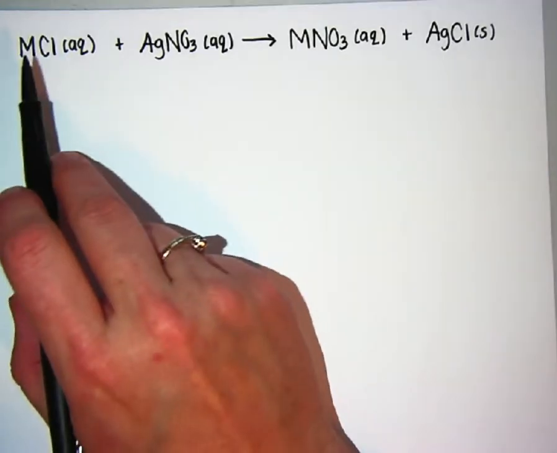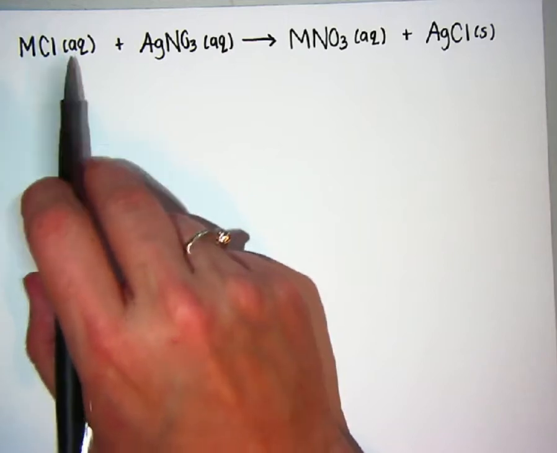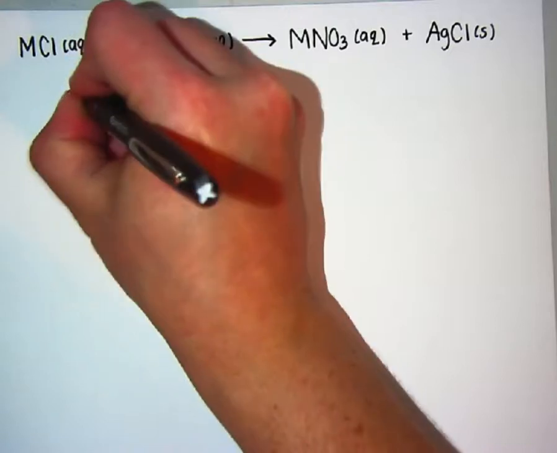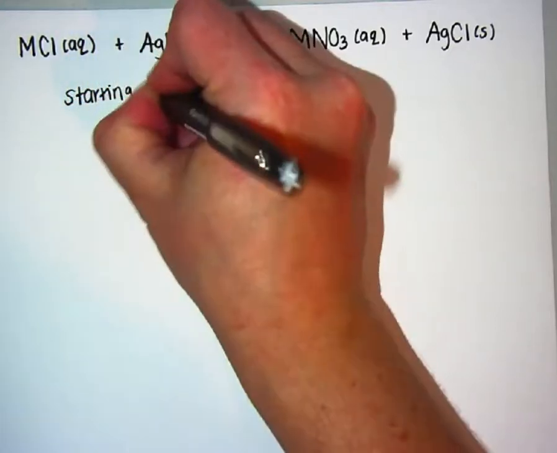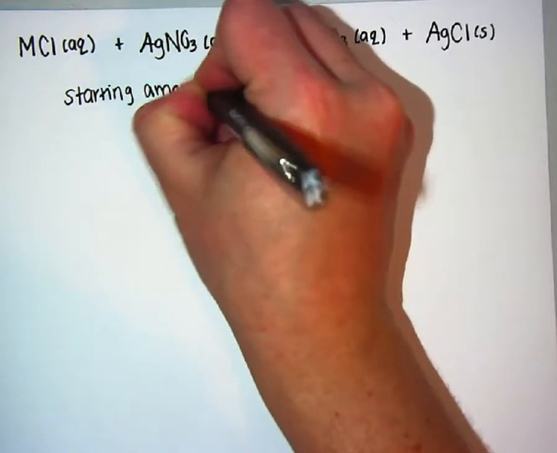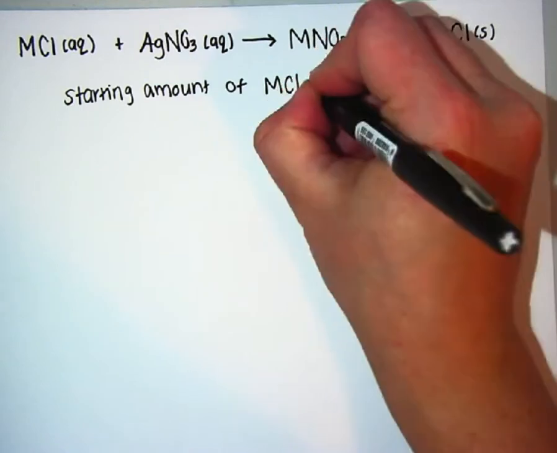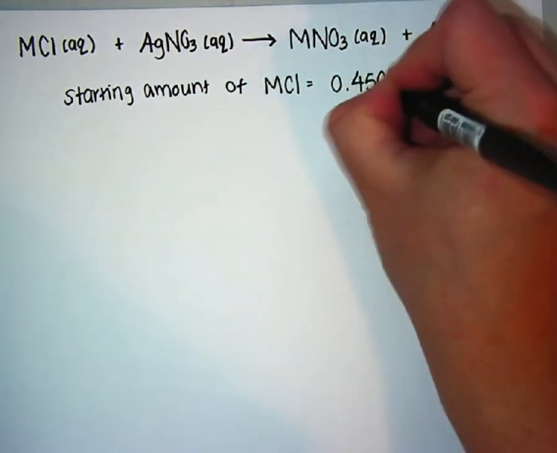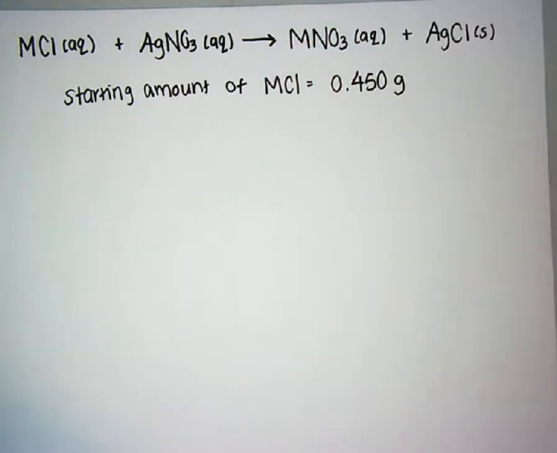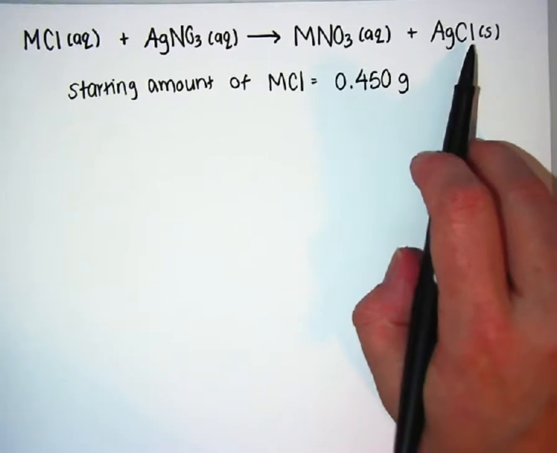So we would have a solid metal chloride and we can measure its mass before we dissolve it in water. So the starting amount of our group 1 metal chloride, let's say 0.450 grams. And then again, we are going to precipitate out a solid.